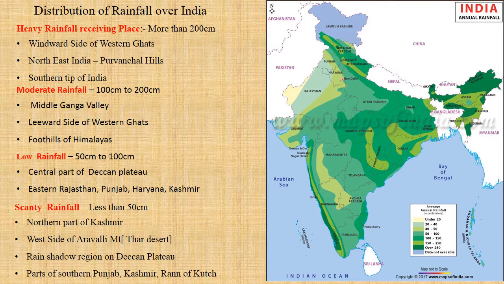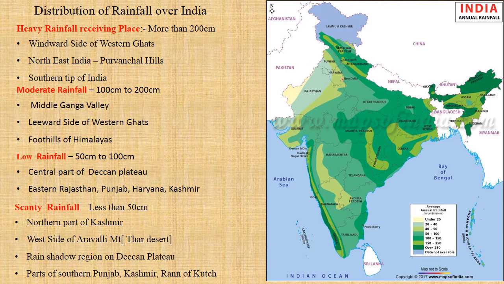You can see the key and the color spread all over Uttar Pradesh. So in all these states we have low rainfall. In terms of regions, it will be the central part of the Deccan Plateau and the eastern part of Rajasthan, and Punjab and Haryana receive 50 to 100 centimeters of rainfall.